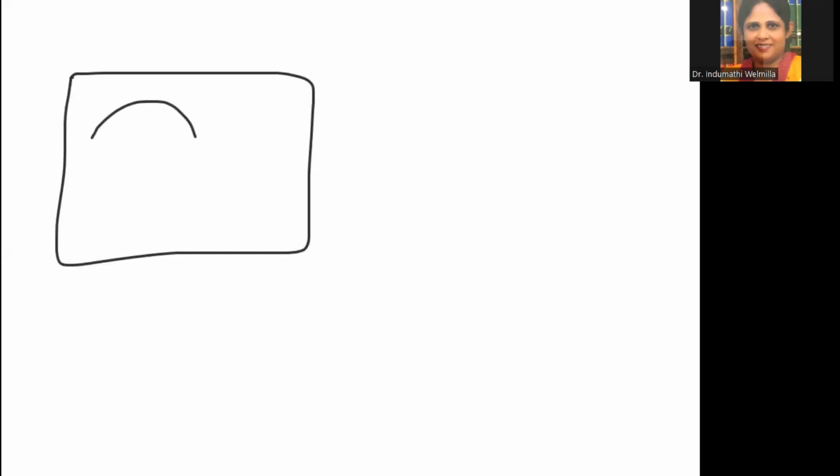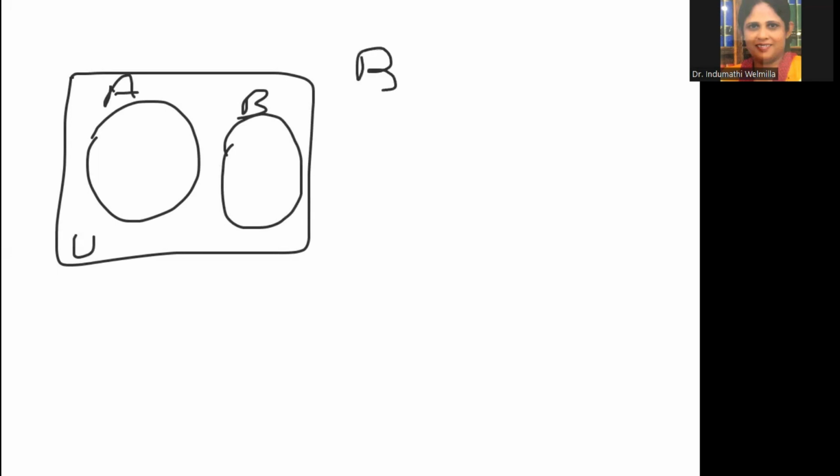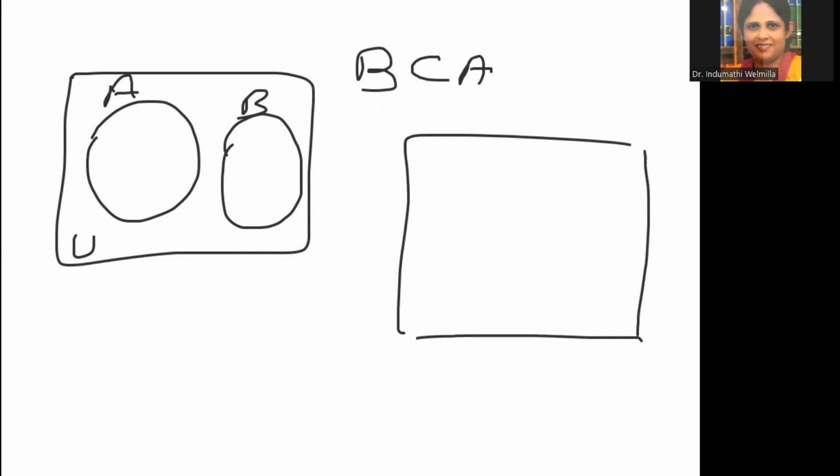If A and B are disjoint sets, then remember, there is no intersection. Then you have to show your two sets A and B like this. That means A and B are disjoint sets. And if B is a subset of A, how can you represent that in your Venn diagram?